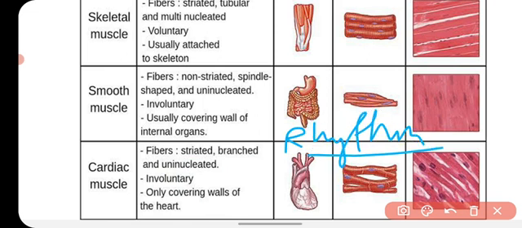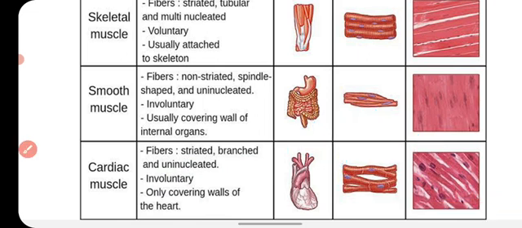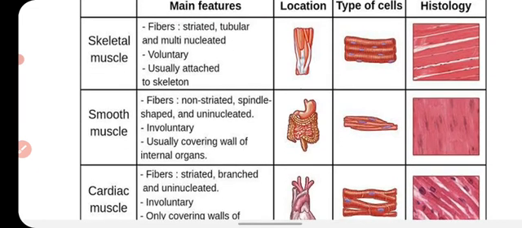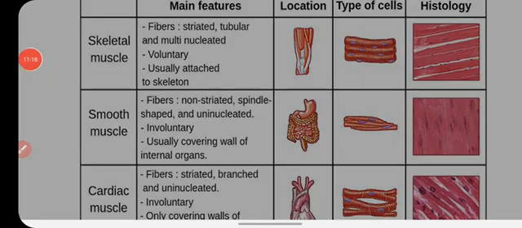They contract and relax throughout our life, and they do not show fatigue in the whole life, and they work tirelessly throughout life for our survival. So this is the comparison between these three kinds of muscular tissues.